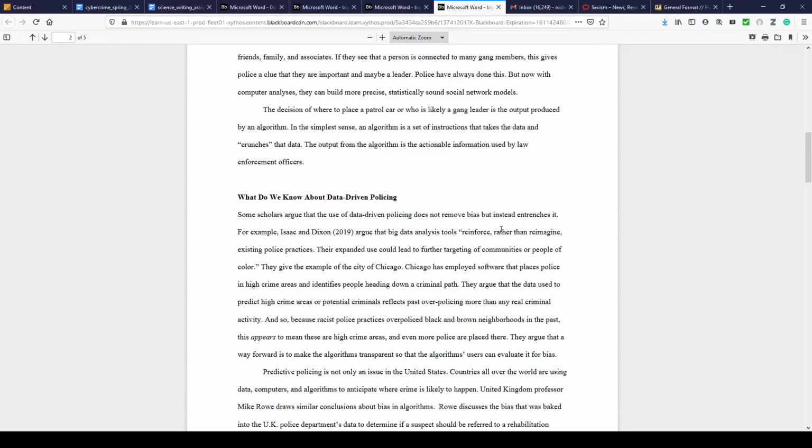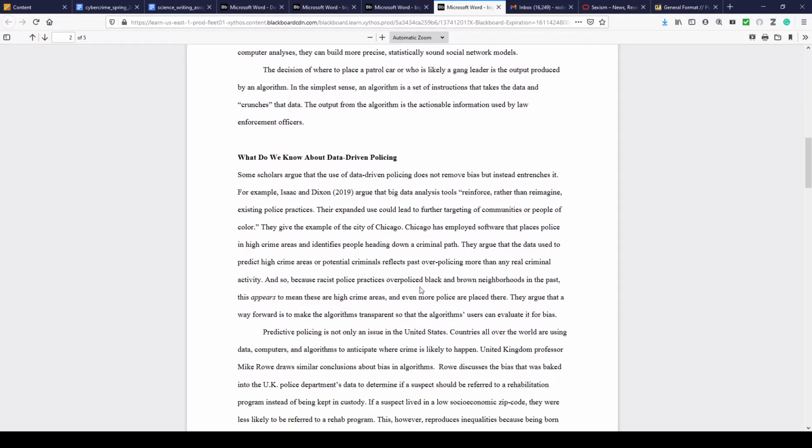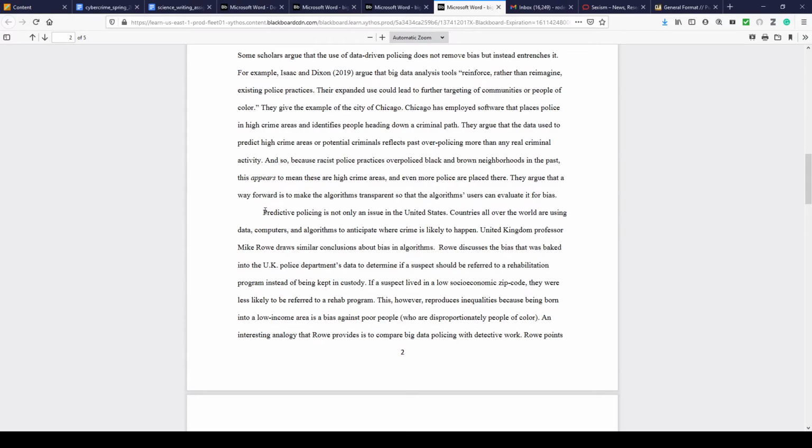So if you look at the first sentence here, some scholars argue that the use of data-driven policing does not remove bias, but instead entrenches it. Okay, that's a theme. That then justifies me bringing up Isaac and Dixon's article and using a quote and then talking about what they talked about. Okay, then in the next paragraph, predictive policing is not only an issue in the United States.